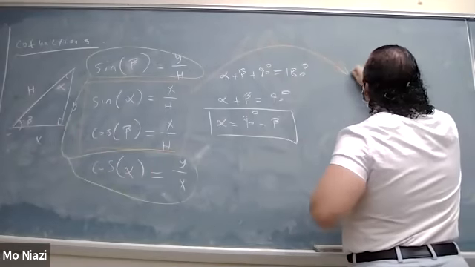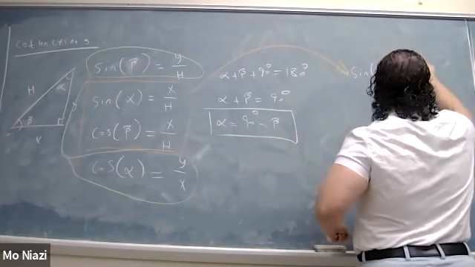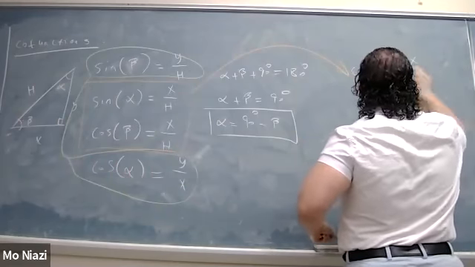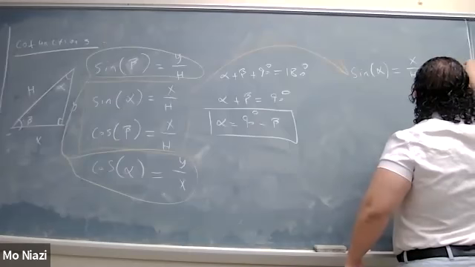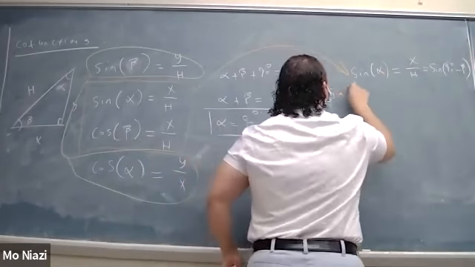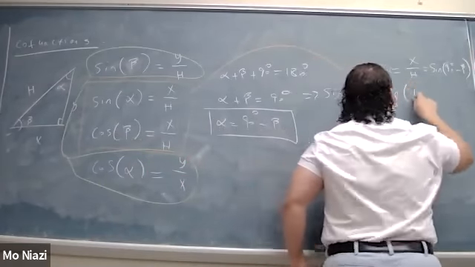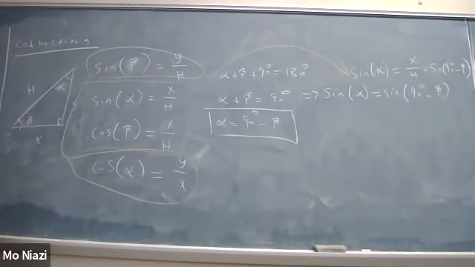So that means sine of alpha is equal to x over h, right? But that's equal to sine of 90 degrees minus beta. So in short, sine of alpha is equal to sine of 90 degrees minus beta. You can see that? Whoa, wait. What am I saying here?